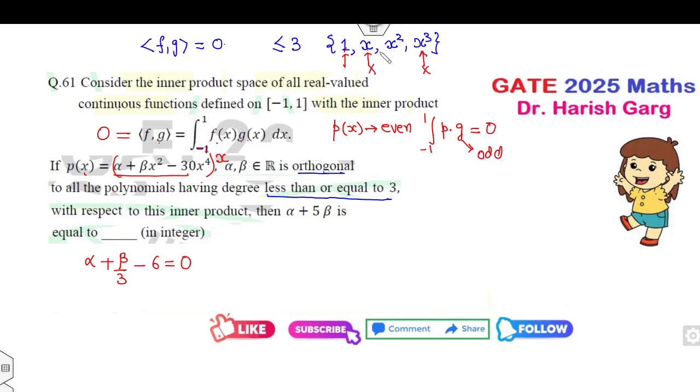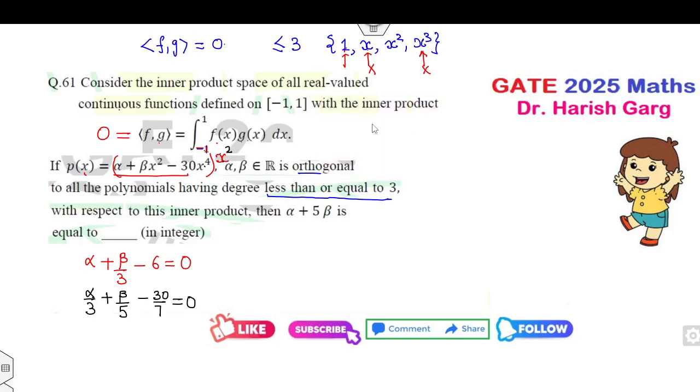Now you can multiply by x square and integrate from -1 to 1. It's alpha x cube by 3, so alpha over 3 plus beta over 5, minus 6 over 7, which is 0. Fine, so I can solve these equations.